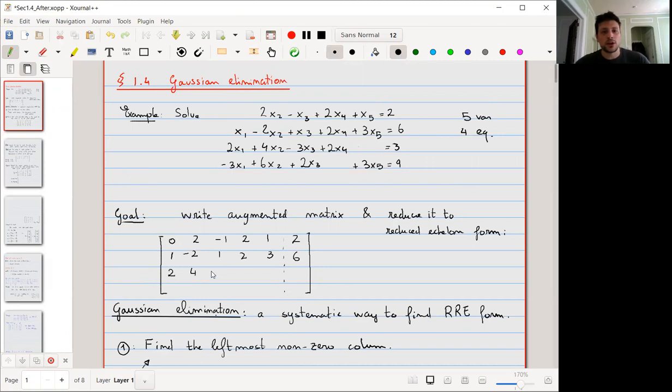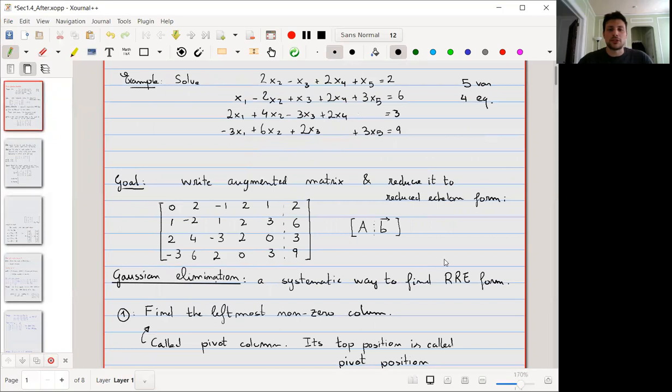Then 2, 4, -3, 2, 0, 3. And the last one is -3, 6, 2, 0, 3, 9. Here's our augmented matrix of the form A with a vector B stuck next to it. Now we'll apply Gaussian elimination to this matrix.